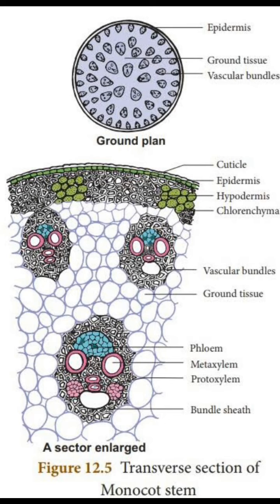In that context we learned firstly about dicotyledon roots followed by monocotyledon roots. With that, the roots anatomical structure explanation is over. Then we entered into the dicotyledon stem and monocotyledon stem anatomical structure explanation. With that, the stems explanation is over. Then in the next video we will study the anatomical structure of the dicotyledon leaf and monocotyledon leaf.